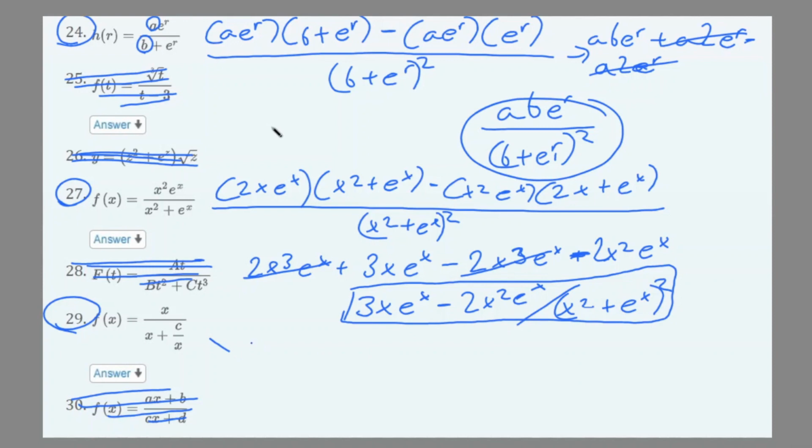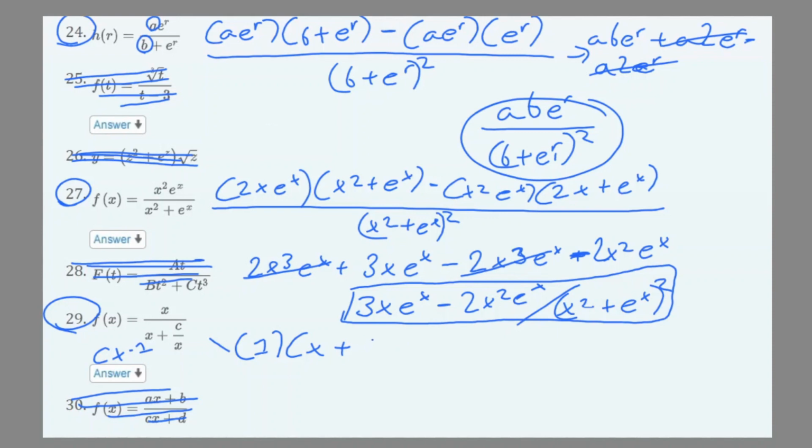Now, number 29, when we use the quotient rule, f prime would be 1 times g, which is x plus, and for this scenario, c over x, we'll rewrite that as cx to the negative 1 power.